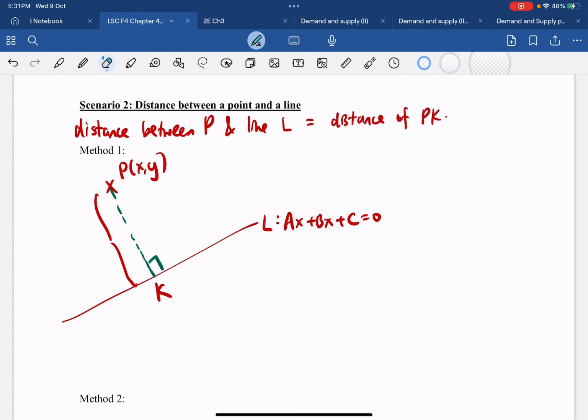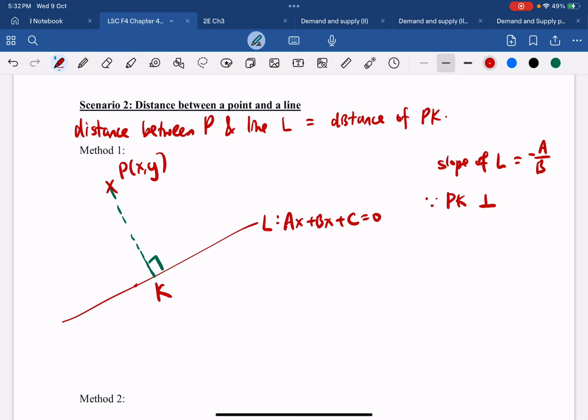Okay, so how can we find the length of PK? It may be a bit abstract, but I will give you a numerical example later. So we have the slope of L, which is negative A over B. And since PK is perpendicular to L, the slope of PK should be B over A, right?